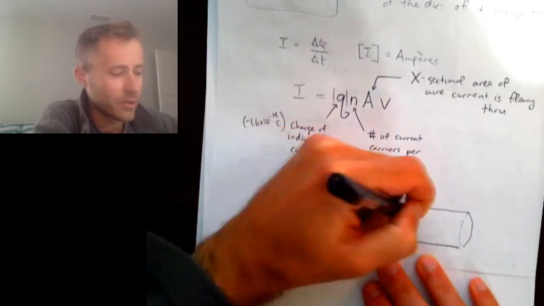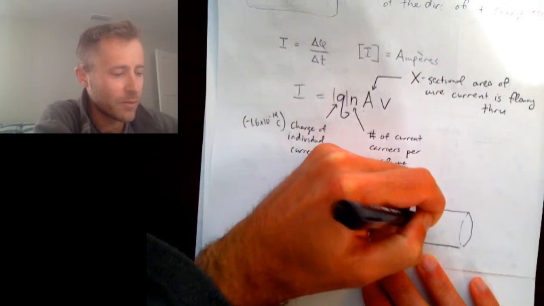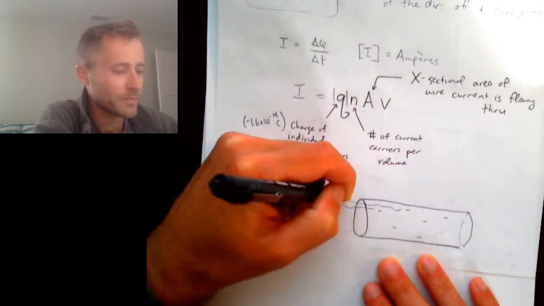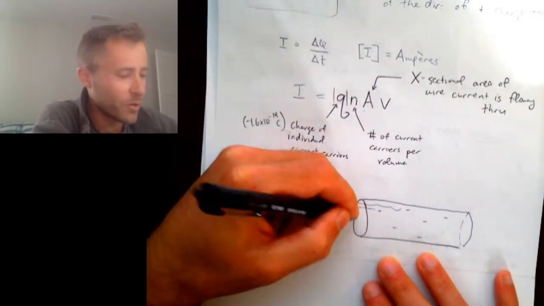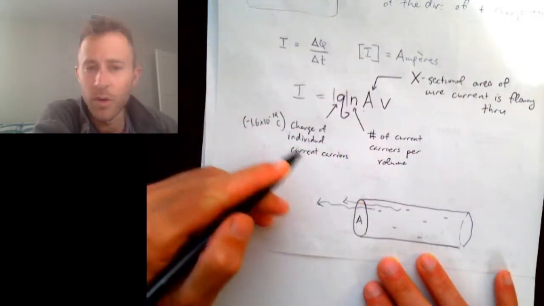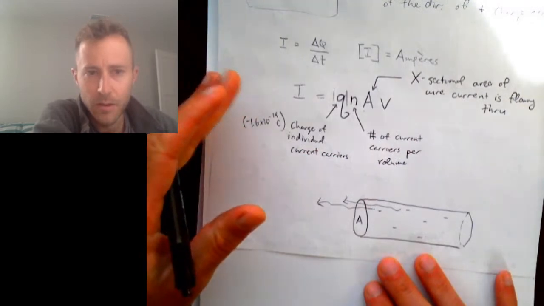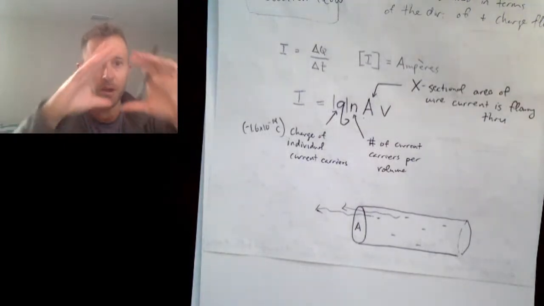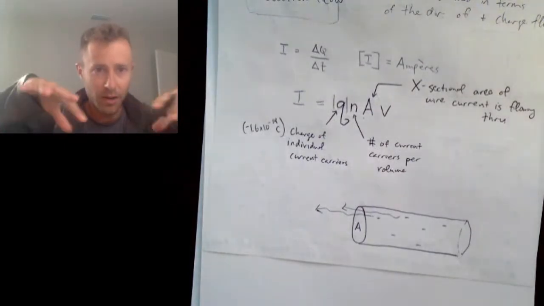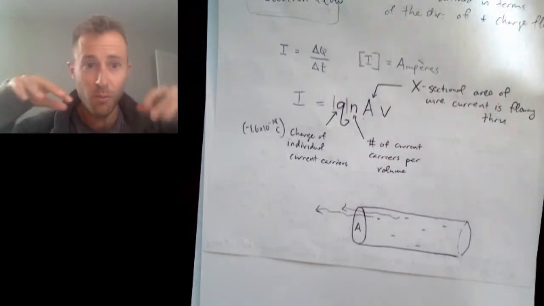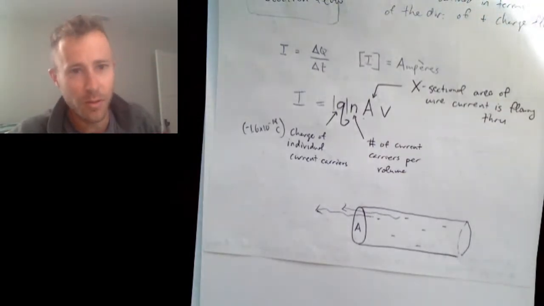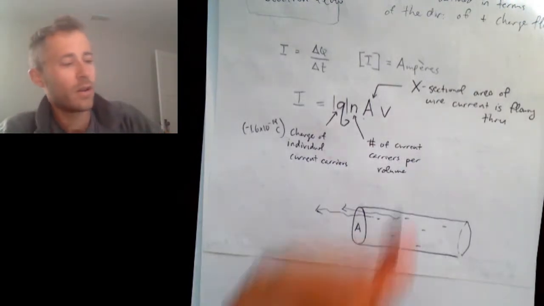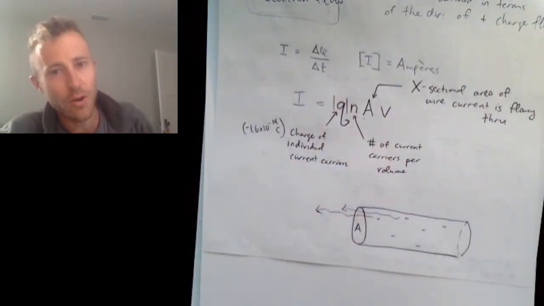And the electrons are flowing through the wire like this, all right? And this would be the cross-sectional area. So the more area you have, the more space there is for charge to flow. It's like a pipe, right? If you have a big pipe, a lot of water can flow through it. Same thing with wires and electric current. The thicker the wire is, the more room it has for charge to flow.